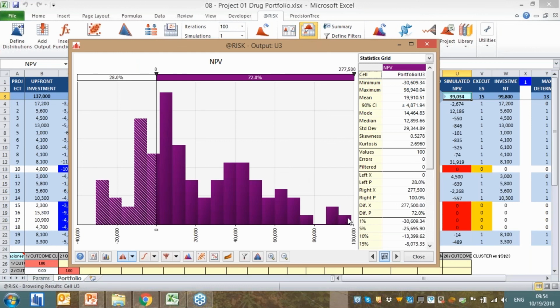You can still lose money. Yes, there's a 28% chance that you lose money. There's a 72% chance that you'll make money. On average, this is going to be approximately $20,000 of actual simulated NPV.